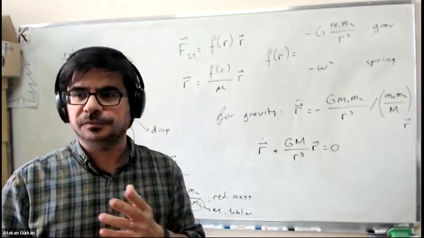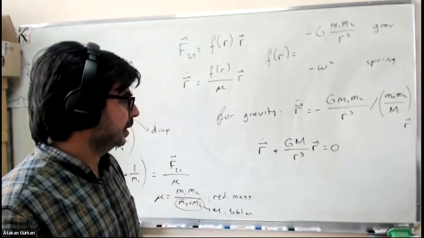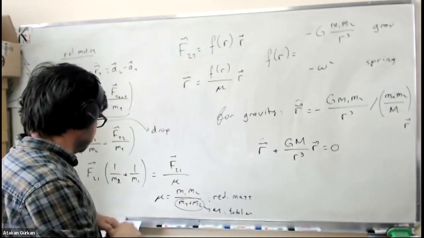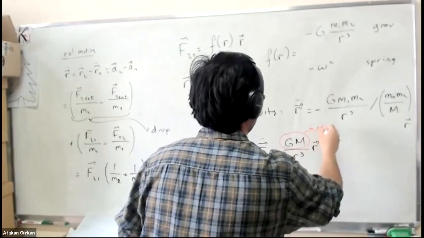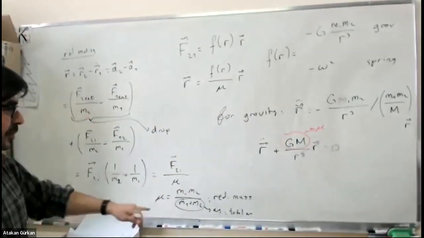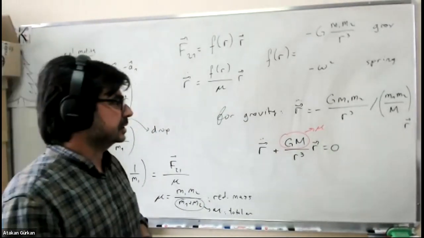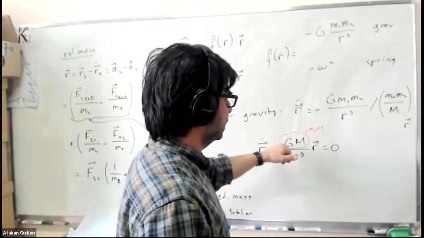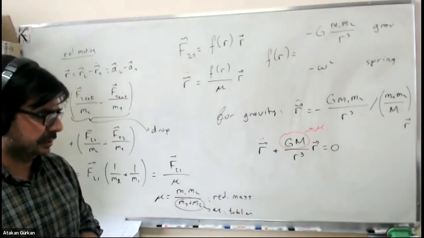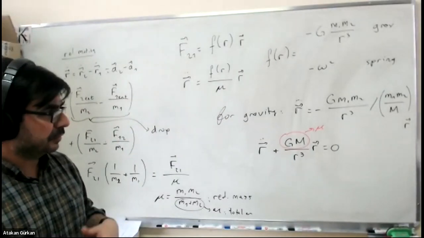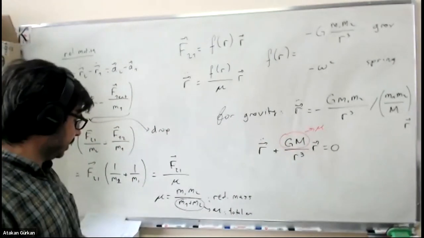One unfortunate thing: this is a standard exercise in celestial mechanics books, but in celestial mechanics this thing here is typically called mu. I use mu here for reduced mass, which is the general convention in classical mechanics. In celestial mechanics, the central attractive mass times the Newton gravitational constant is typically called mu. So if you encounter this with the mu, just something to keep in mind.